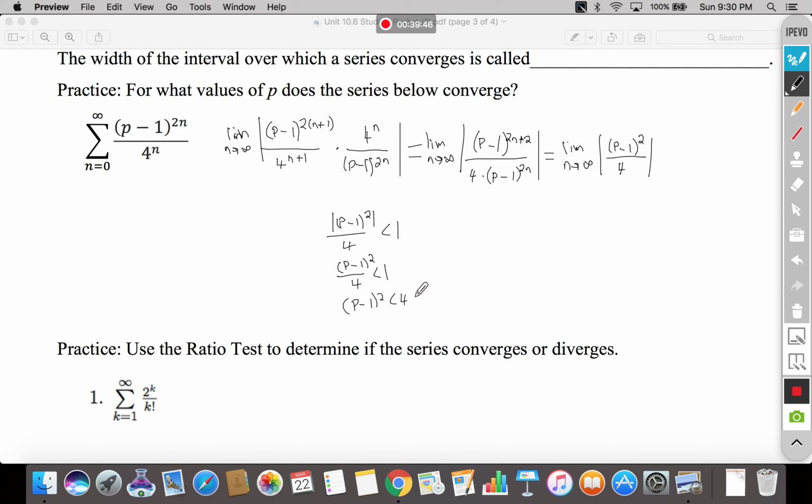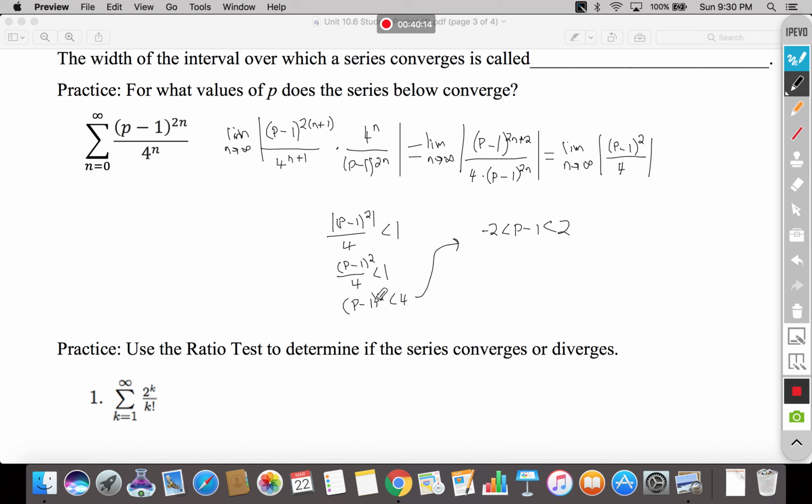I could either think through all of the square roots and stuff here, or I could say this then. I could take the square root, but I got to be careful when taking square roots because I end up with plus or minuses, right? So what do I know now? I could say then, if I take the square root, that negative 2 is less than p minus 1 is less than 2.